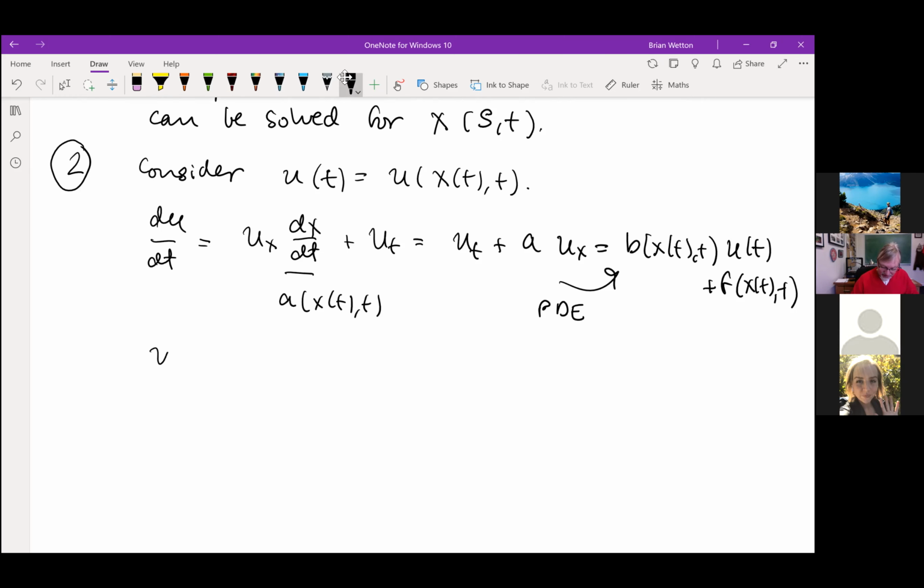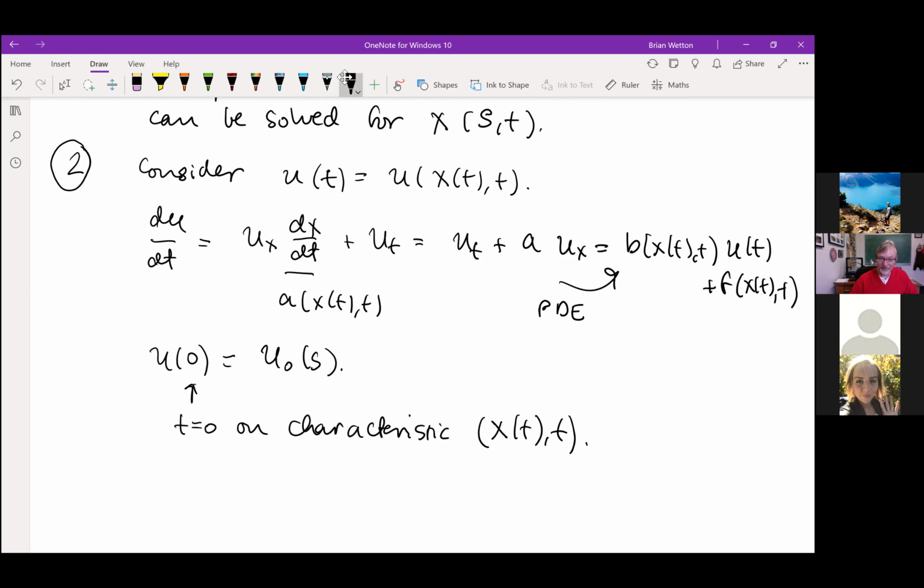And I've got initial conditions. This is t equals 0 on the characteristic. So this is just the initial conditions at that initial spot.